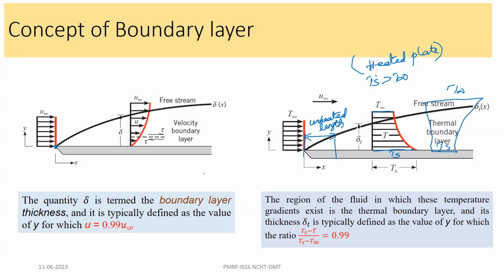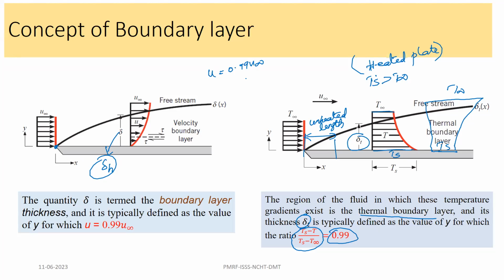So there is also a thermal boundary layer, delta T. This is also called delta H in the velocity boundary layer. The region of the fluid in which this temperature gradient exists is called the thermal boundary layer. And this delta T is quantified like this: Ts minus T divided by Ts minus T infinity is 0.99. This is the quantification aspect. Here it was U equal to 0.99 U infinity.